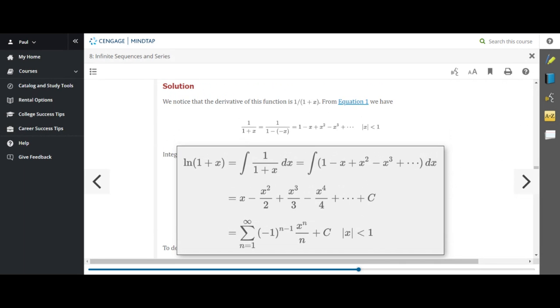So the natural log of 1 plus x is the integral of 1 over 1 plus x, and that's the integral of that power series. The integral of a sum is the sum of the integrals, so we can integrate that power series term by term, and that gives us a new power series for the natural log of 1 plus x. So the natural log of 1 plus x equals that power series that you see there.